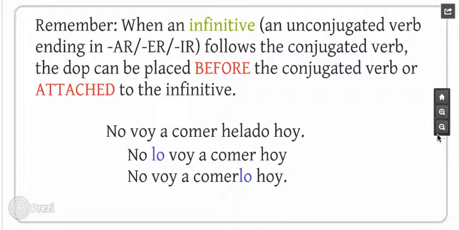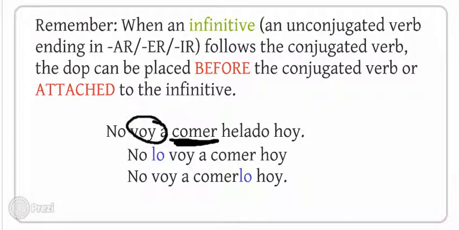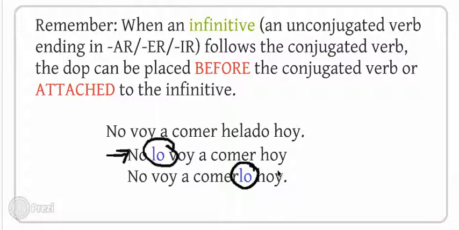Remember, an infinitive is a verb that's not conjugated, okay? Infinitives always end in AR, ER, IR. Comer is an infinitive. When an infinitive follows a conjugated verb, so in this sentence, voy is conjugated, comer is not, the direct object pronoun can be placed before the conjugated verb, as you can see in this example, no lo voy a comer hoy, or attached to the infinitive, no voy a comerlo hoy.